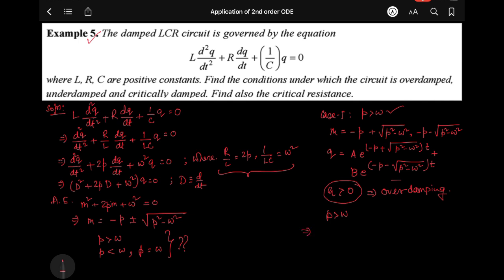So what is p? As per our consideration, p is R by 2L, which is greater than omega. Omega means 1 by root over LC.